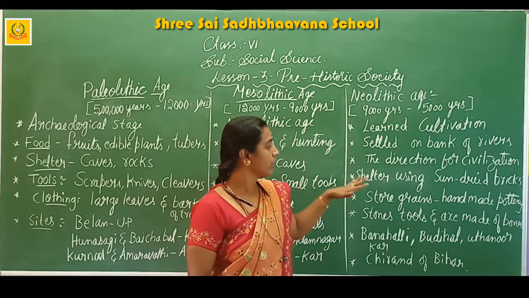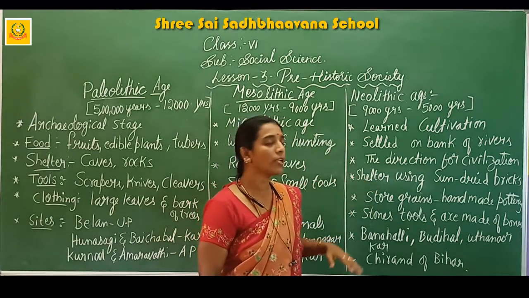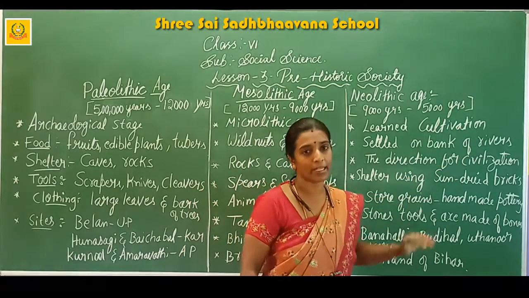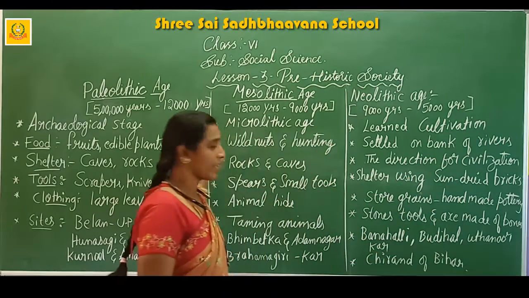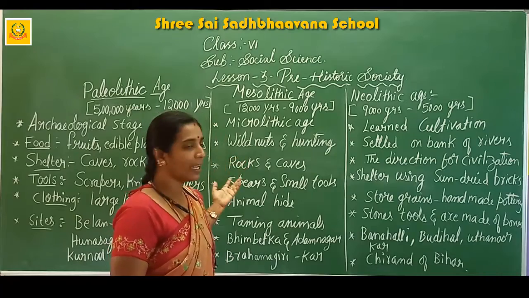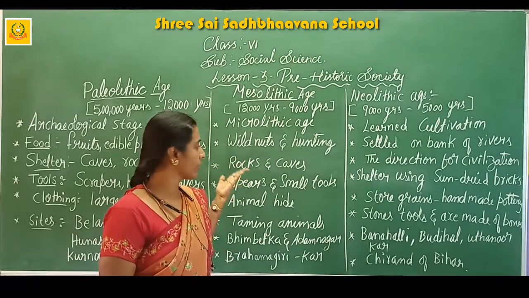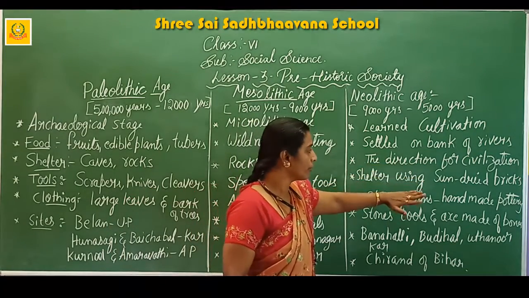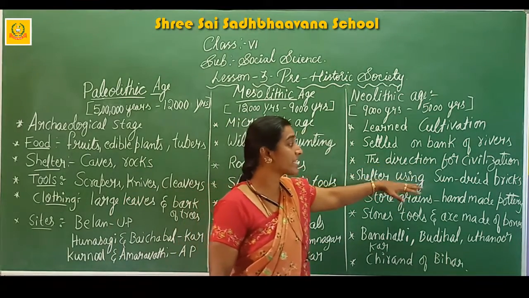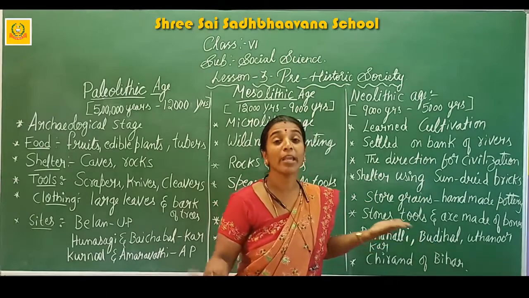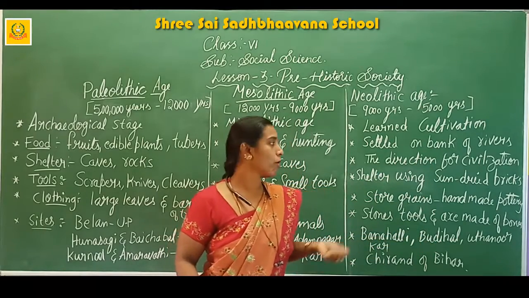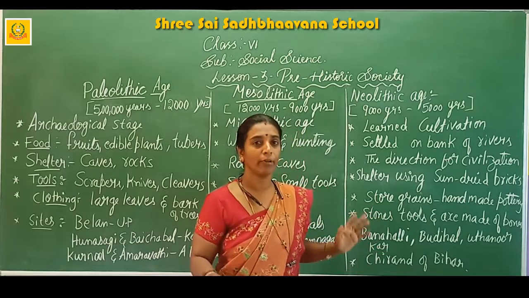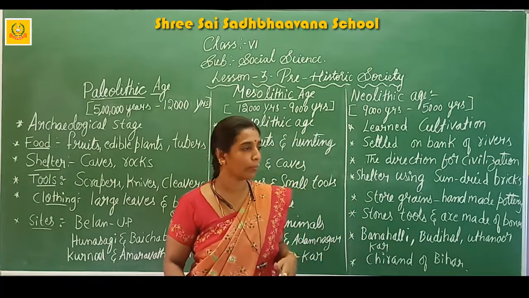Children, when it comes to shelter, they used to build shelters using sun-dried bricks. In the earlier two ages, they were living in caves or under rocks, but here they understood how to use sun-dried bricks, which we are using at present. Whatever we are using, it is not that we, the modern people, have invented it.